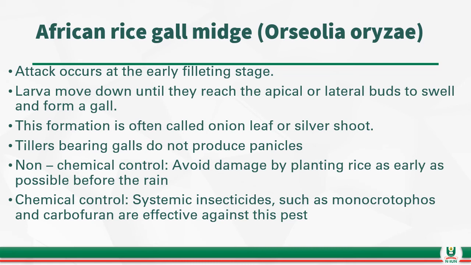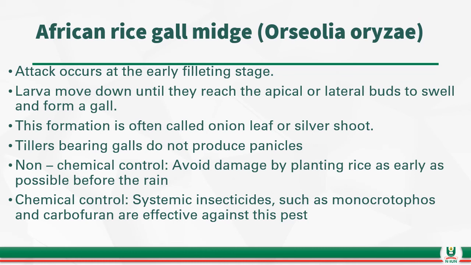They form a gall around this region, the apical and lateral bud, and the formation of this gall is often called the onion leaf or silver shoot. At the end of the day, this rice will not produce panicles at all. That is how destructive they can be.